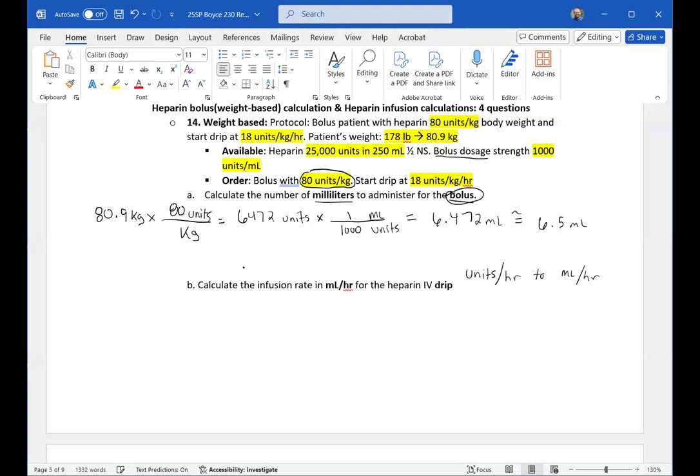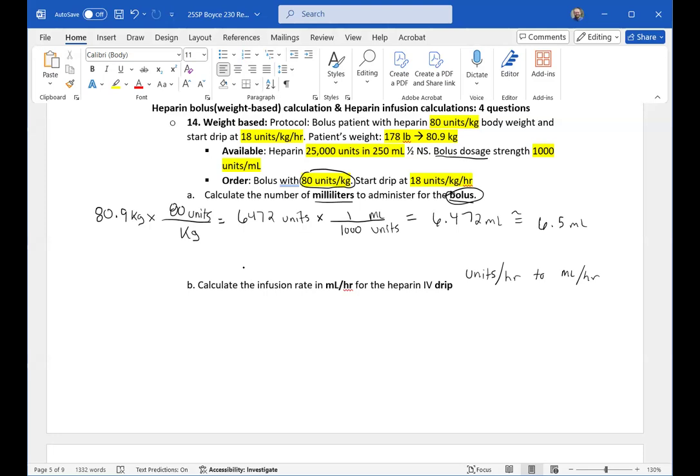That's what it's asking you to do. So you're familiar with getting to milliliters per hour for calculating flow rate. You're also familiar with going from milliliters per hour to drops per minute because you've done that already as well. So this is just another conversion type of activity where you're taking the units per hour and converting it to milliliters per hour. So how do we start?